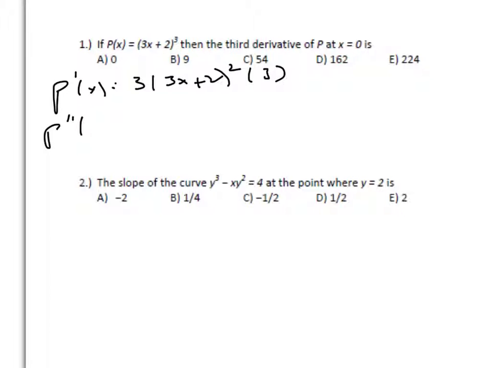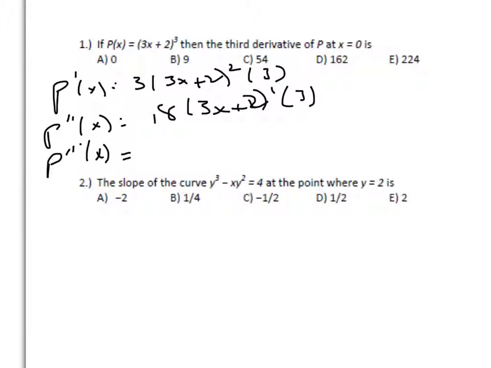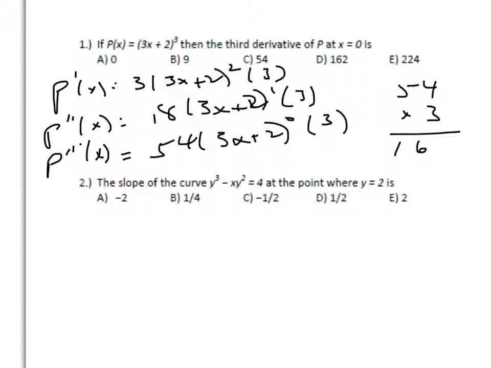P double prime of x, that's 9, so that's going to be 18 times (3x plus 2) to the first times 3. 18 times 3 is 54, so we have p triple prime of x is 54 times (3x plus 2) to the 0 times 3. So 54 times 3 is 162.